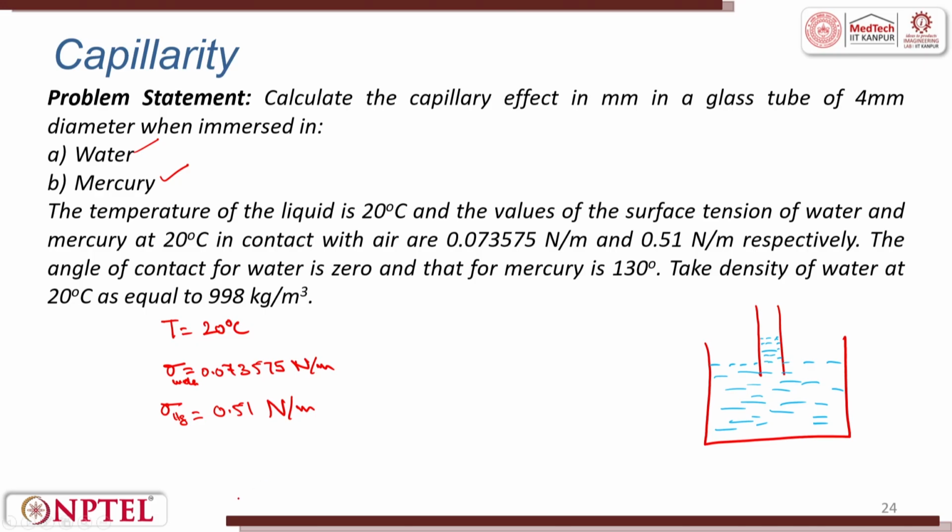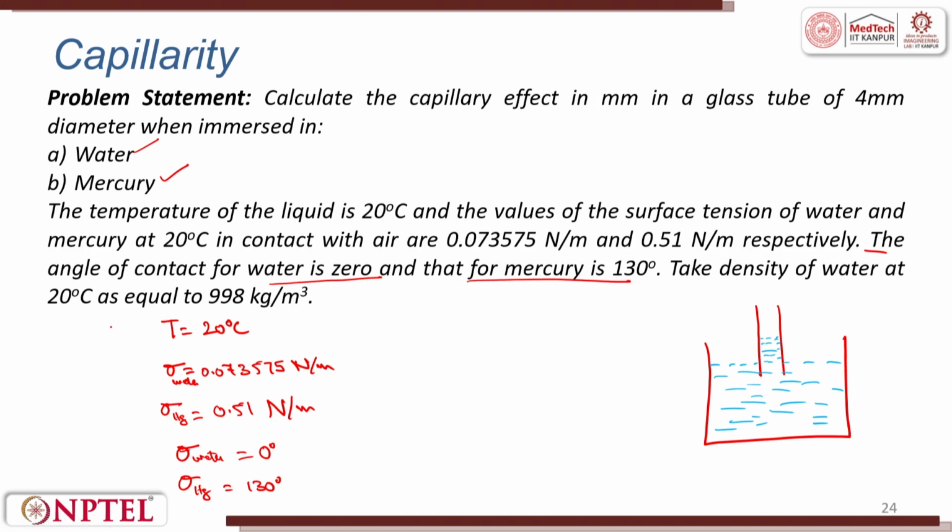The angle of contact for water is 0 and for mercury is 130. That is, theta for water is 0 degrees and theta for mercury is given as 130 degrees.